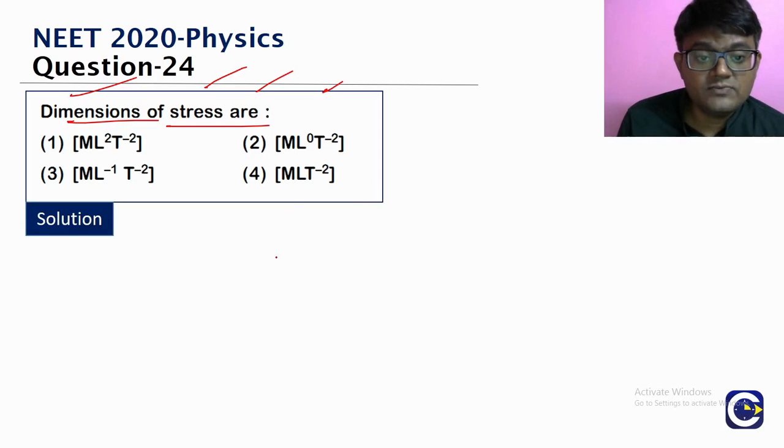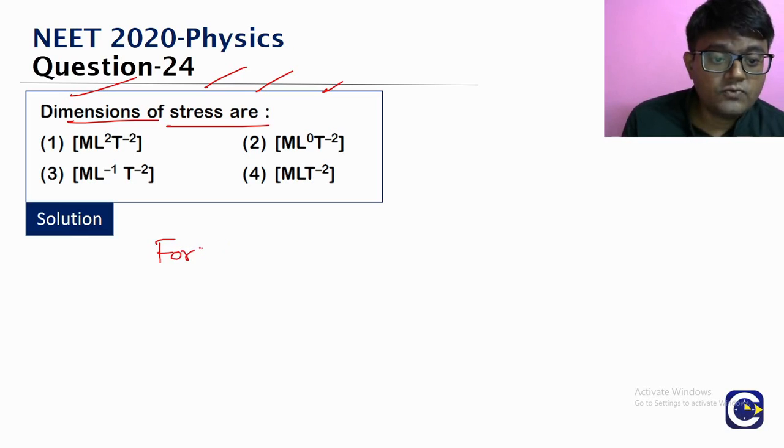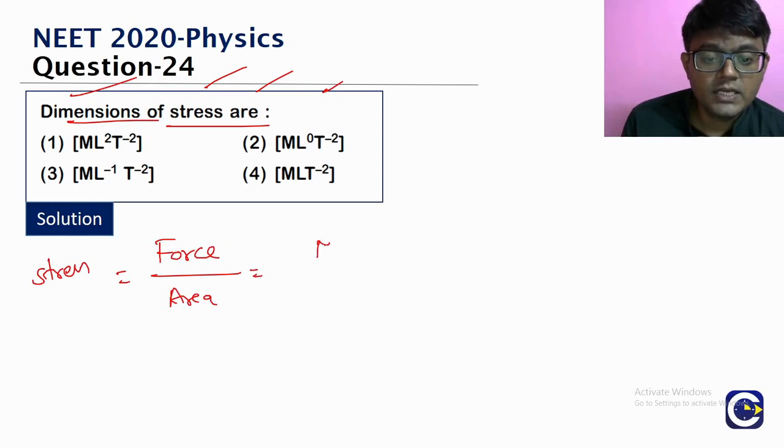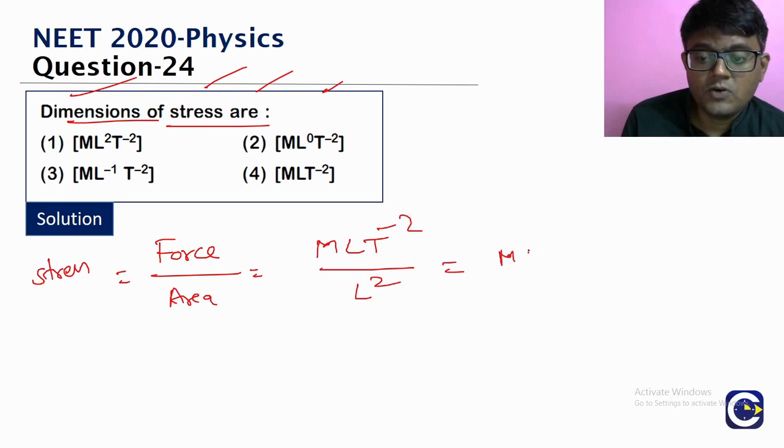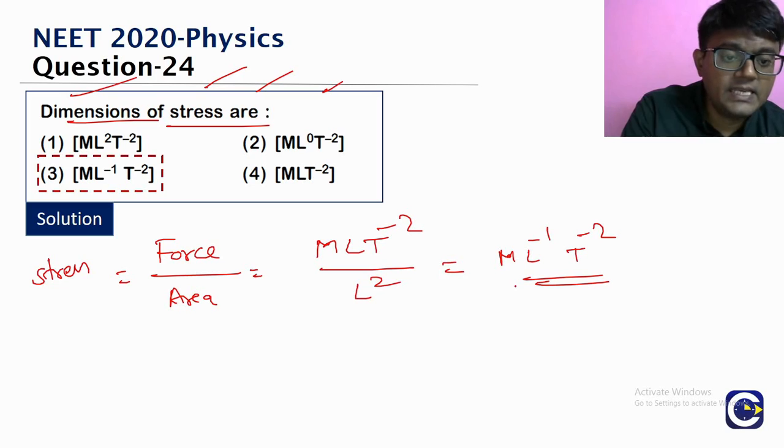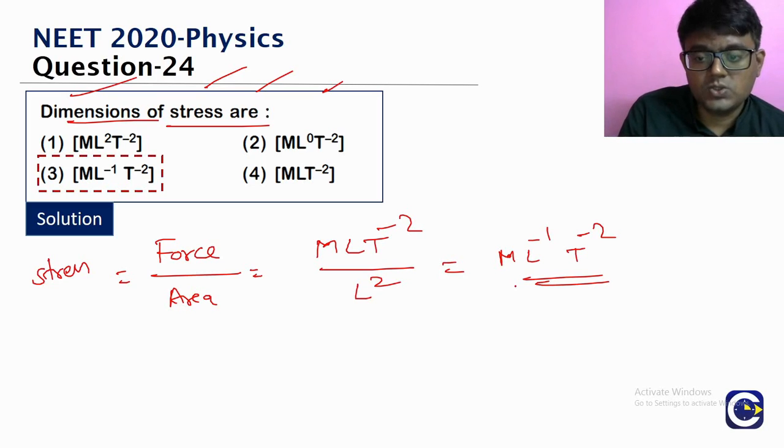The dimensional formula for stress is the same as pressure, which is force by area. Force is M L T power minus 2, divided by area, which is L square. So the formula is M L power minus 1 T power minus 2. This is the same as the dimensional formula for pressure also. So the answer for this is option 3.